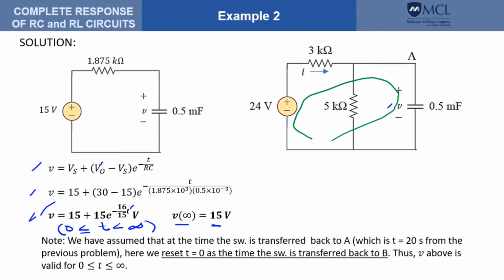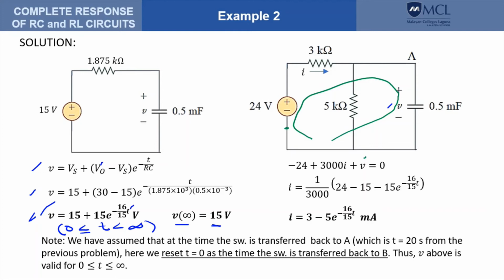Starting from here, that should give us a KVL equation that looks like this. So we use the voltage across the capacitor in writing the KVL equation. Solving for I, that should give us this expression for the current I.